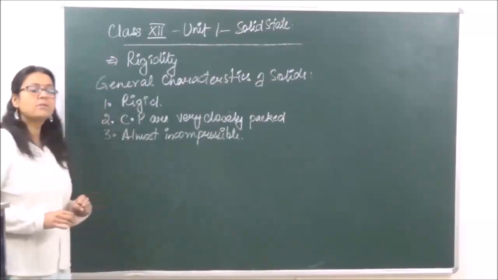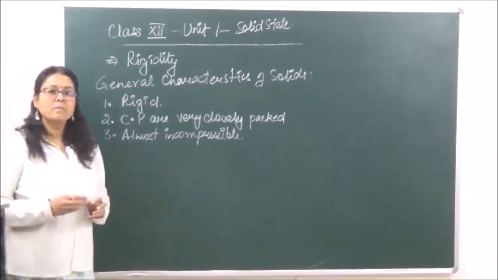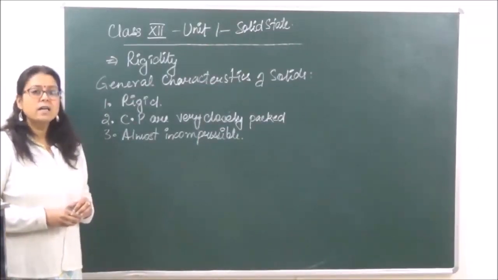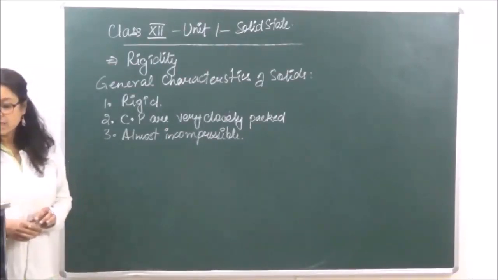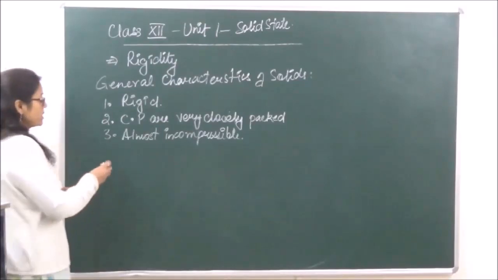By incompressibility, what do we mean? That when we apply pressure on a solid, we are unable to change its volume. So that is what incompressibility is. The next, density of solids.